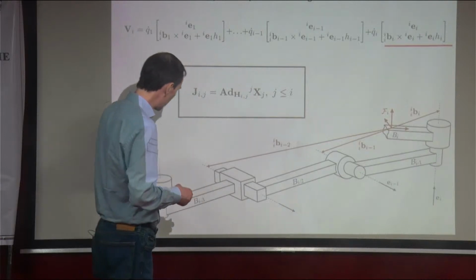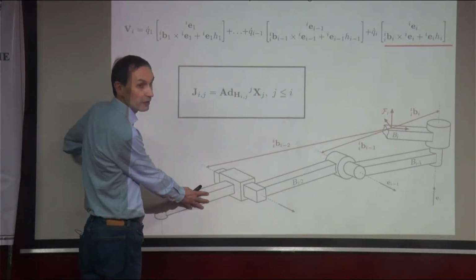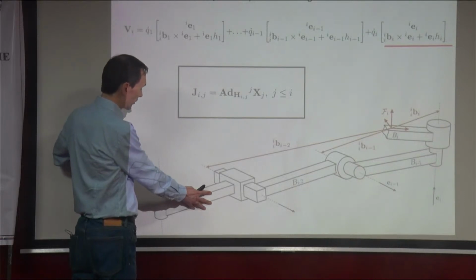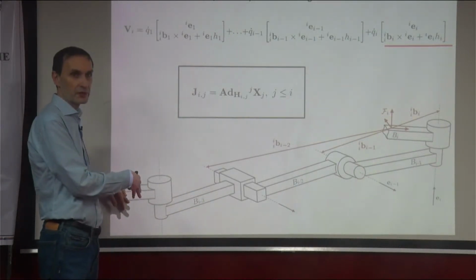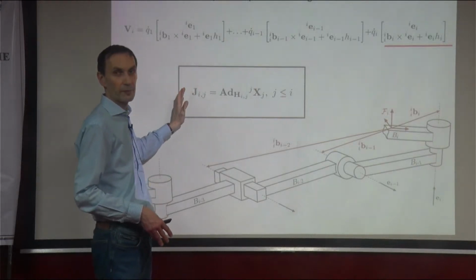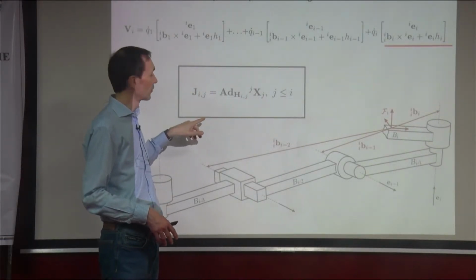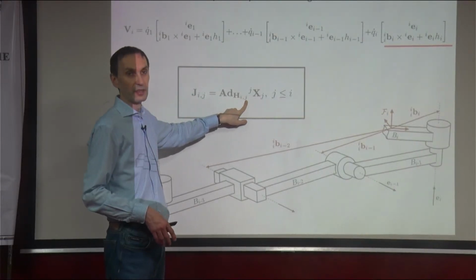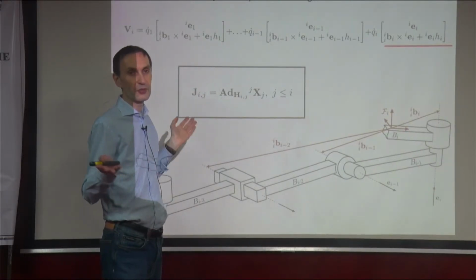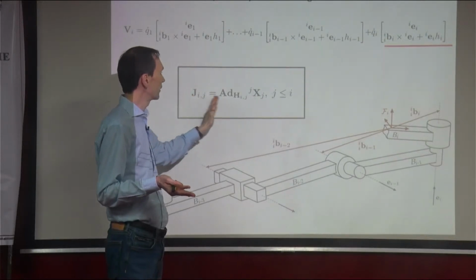Body number one only depends, of course, let's say this is the ground, and that's body one, right? The motion of body one only depends on the first joint, joint number one. So there's only one column, which is the first one. And what happens then? You would have H11. So you transform from 1 to 1, which is the identity. So essentially J11 is X1.